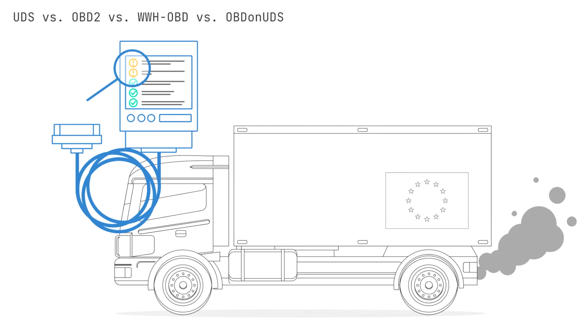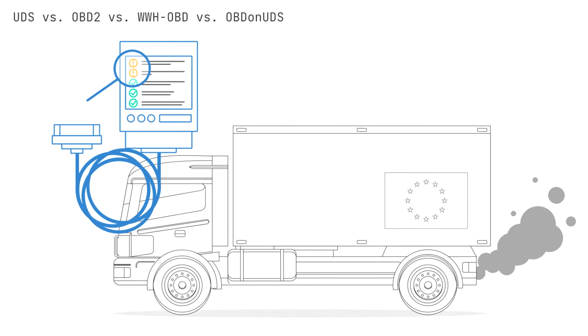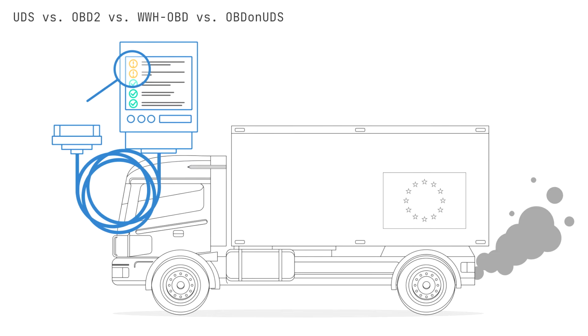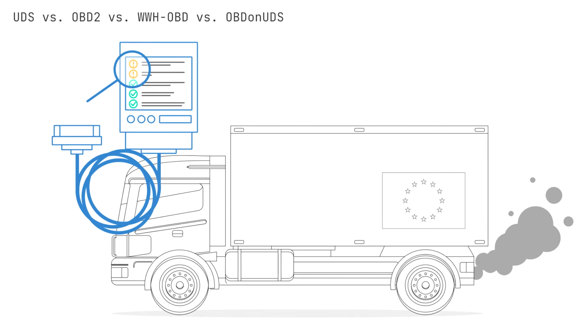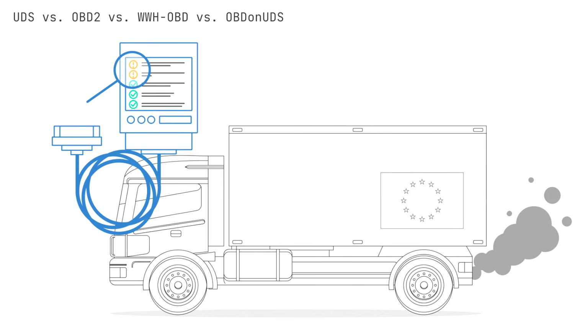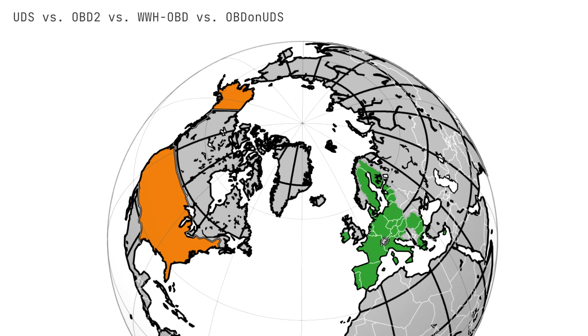Further, WWH-OBD is based on UDS in order to suit the enhanced diagnostics functionality already deployed by most automotive OEMs today. Moving from OBD2 to WWH-OBD will involve a number of benefits, primarily derived from using the UDS protocol as the basis, including an increase in data and DTC richness. For details on the rollout status, see our intro article. Second, let's look at OBDonUDS.